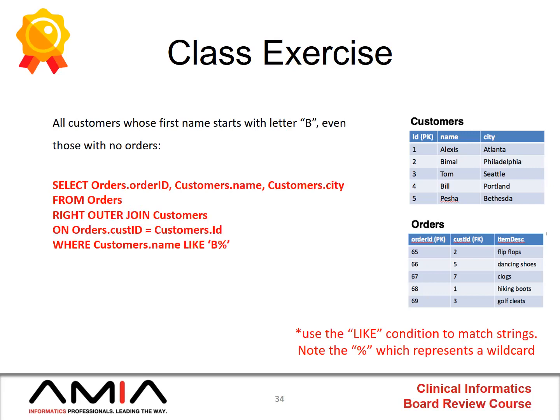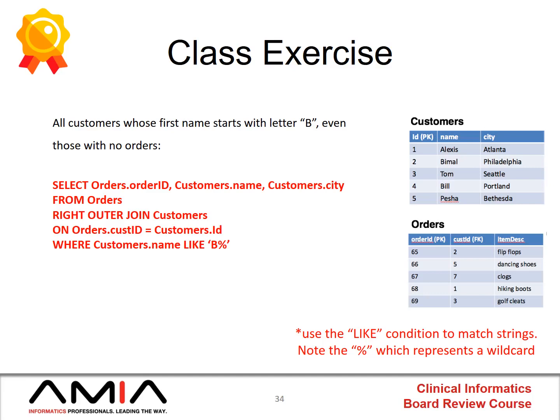I'm going to introduce some new syntax here, the wildcard syntax, which is this %, and the phrase like, which is a condition to do some wildcard matching. So the question here is, how do you show all customers whose first name starts with the letter B, even those with no orders? Again, the even those with no orders tells us we need some kind of an outer join.